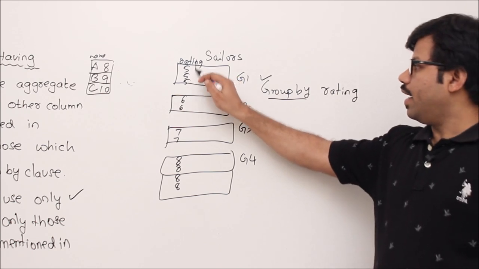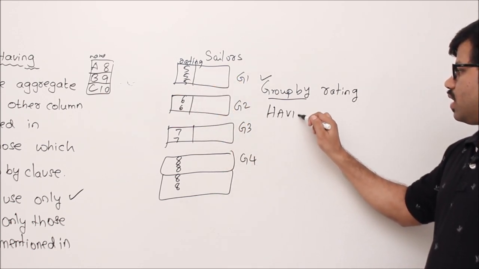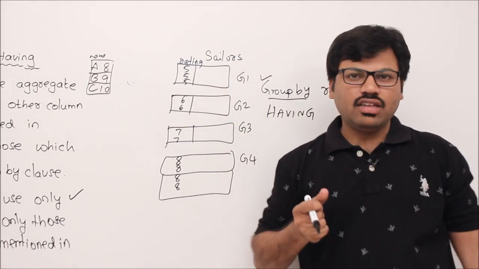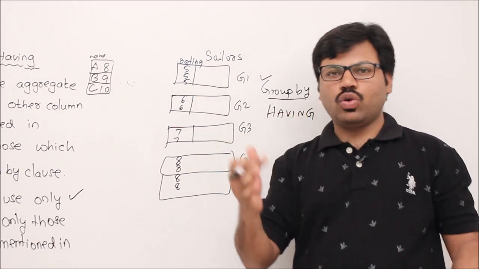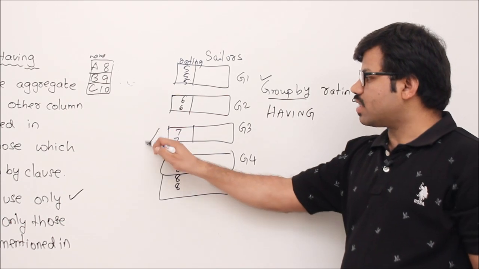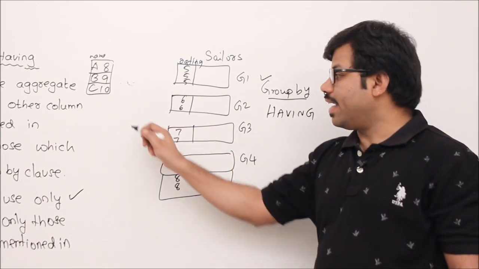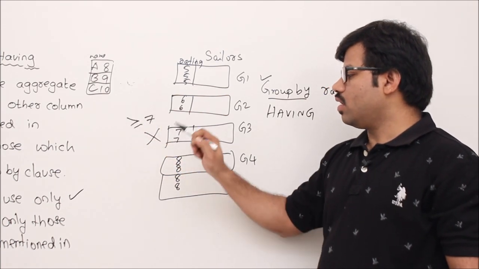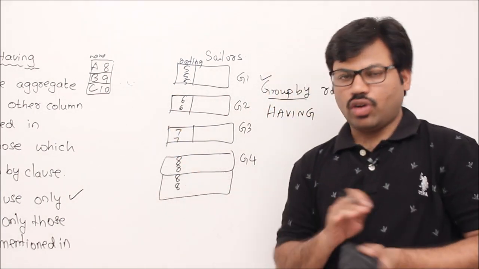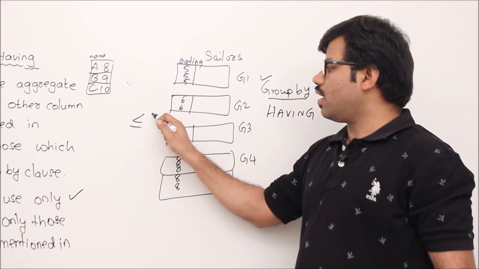Now later you are going to write having after group by. The purpose of having is that for some groups you don't want to do anything. Once you separate the table into groups, you don't want to do calculations for some groups. You want to simply discard them. For example, you don't want a group whose rating is greater than or equal to 7. You want to calculate only for groups whose ratings are less than or equal to 5.